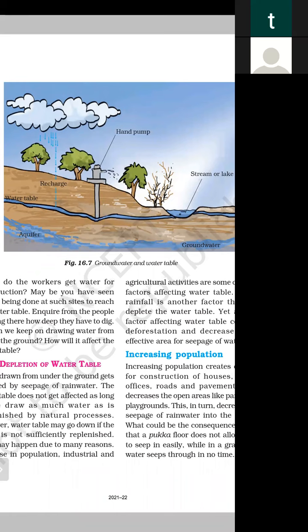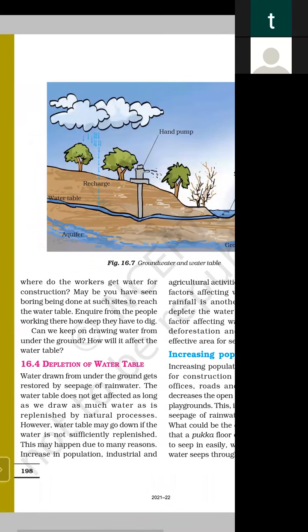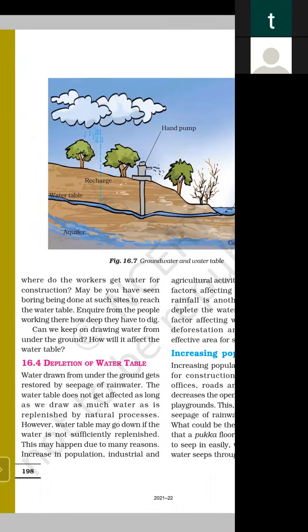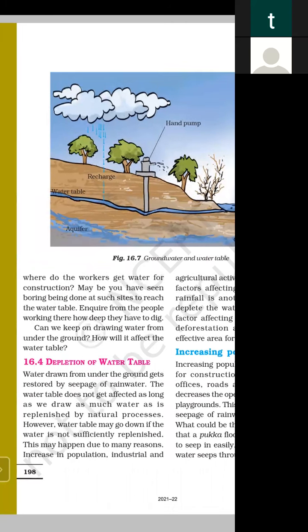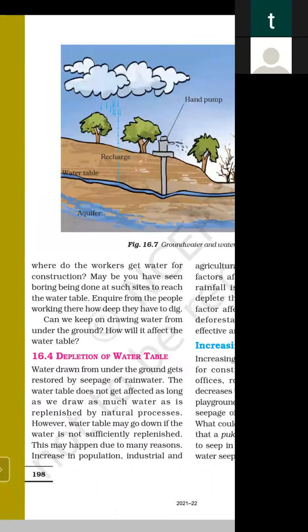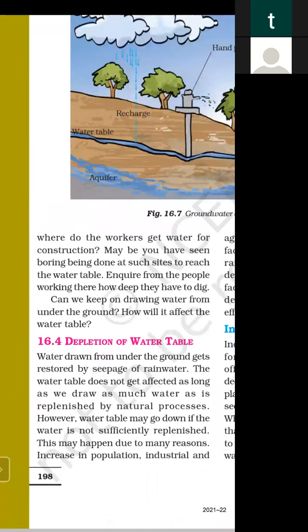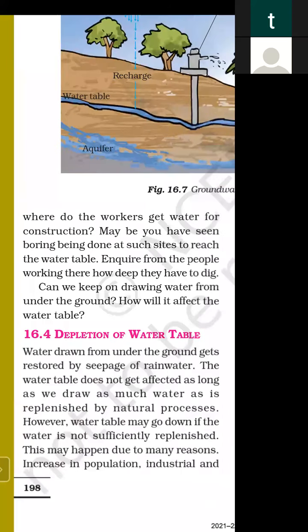Okay. The next topic is depletion of water table. What is the meaning of depletion? Depletion means decrease. The level of the water table goes on decreasing day by day. The water drawn from under the ground gets restored by seepage of rainwater.